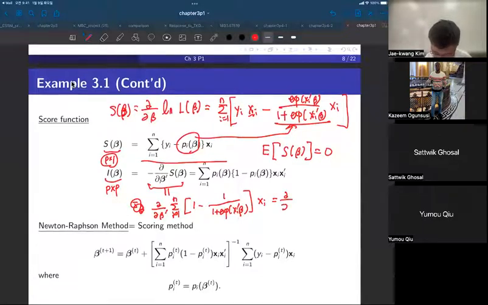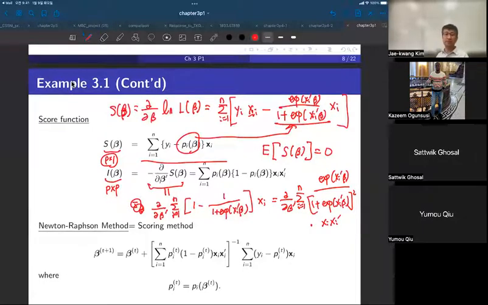That's my way, but you can still apply the chain rule if you want. So then basically you can get something like this, and then x_i times x_i prime.